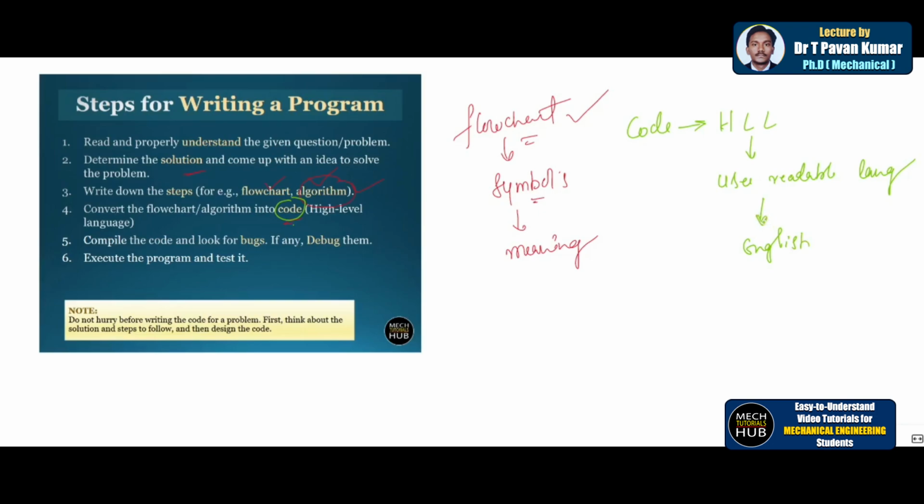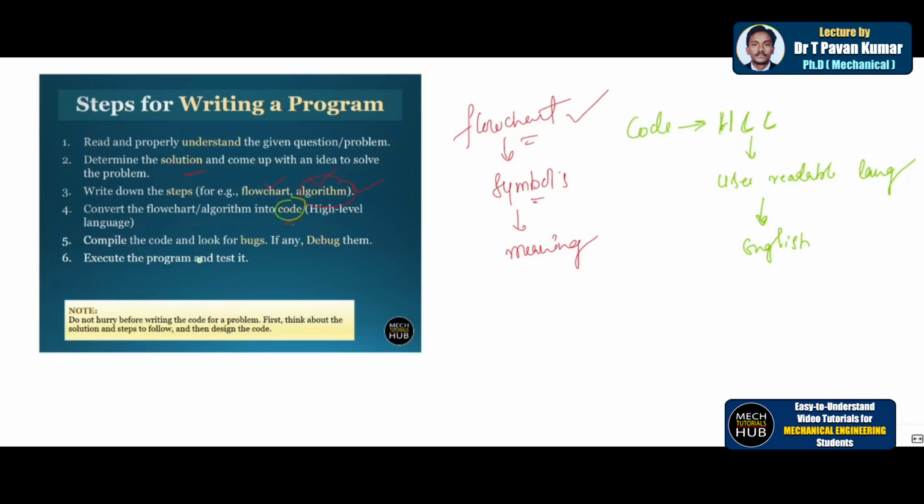This is called the high level language. With the help of the language called English, we'll try to develop a code that will be used for compilation. That is what the 5th step is all about.